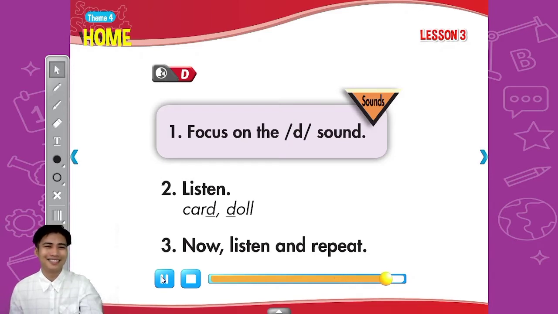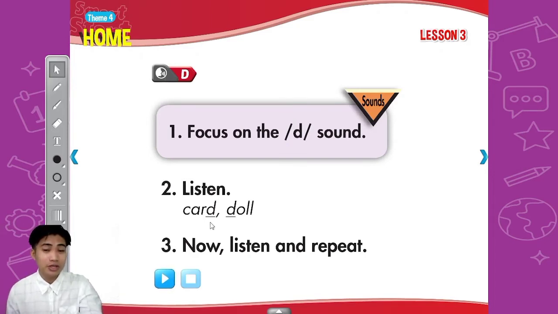Ball. We focused on the D sound. Card and ball. Repeat it again and again until you pronounce it correctly. Card, ball. Great.